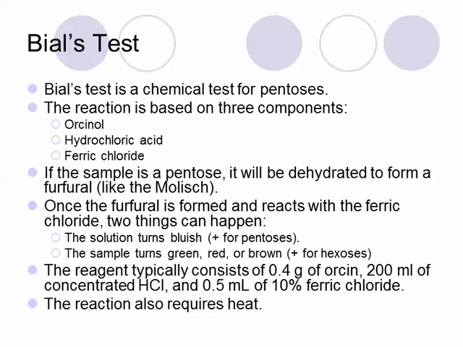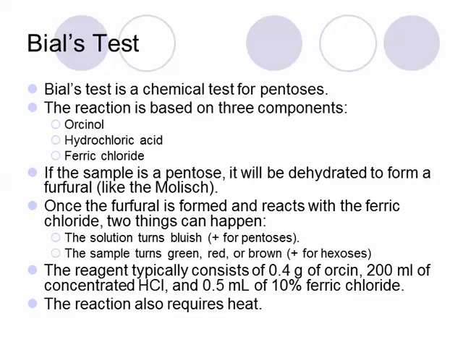So this is broken down into 3 pieces: orcinol, hydrochloric acid, and ferric chloride. So if the sample is a pentose, you will change it to a furfural again in this reaction. And once the furfural is formed, you then react that with iron 3 chloride, and 2 things can happen. It can turn blue or it can turn green. Now, you've got to be careful, because the green color, depending on the sugar, could be green, or it could be a brownish green, or it could be like a red brown.